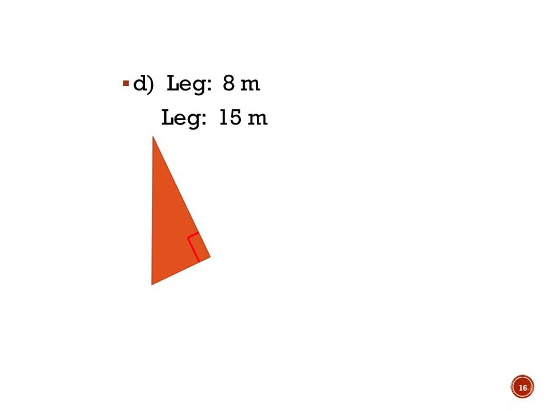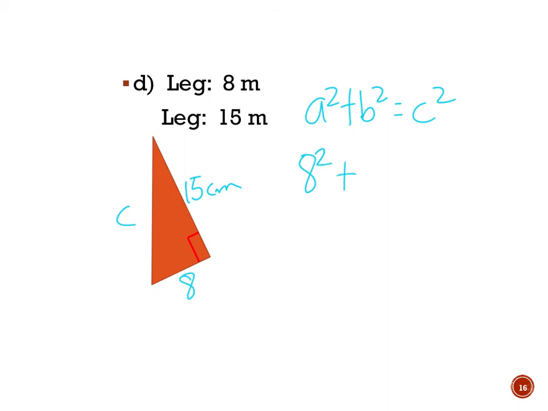Legs are 8 centimeters and 15 centimeters, and we're missing our C. This one doesn't have the formula written here, so we have A squared plus B squared equals C squared. 8 squared plus 15 squared equals C squared. 8 squared equals 64. 15 squared equals 225.